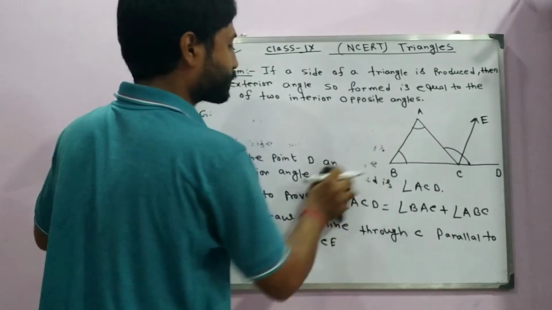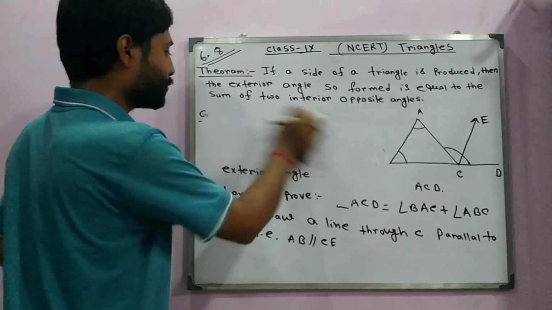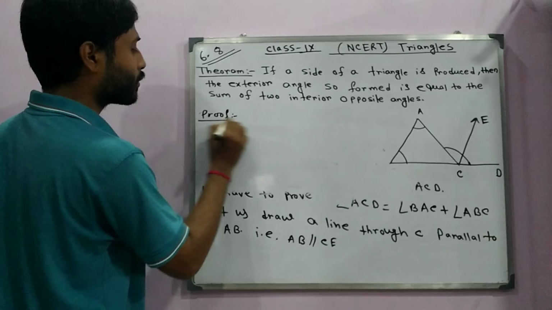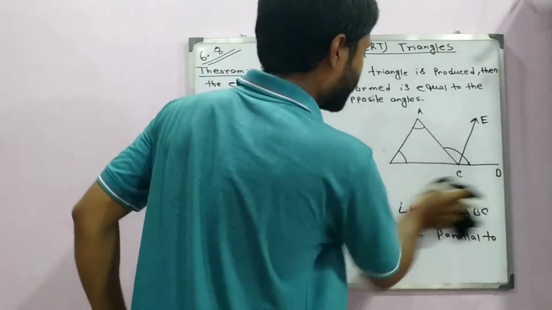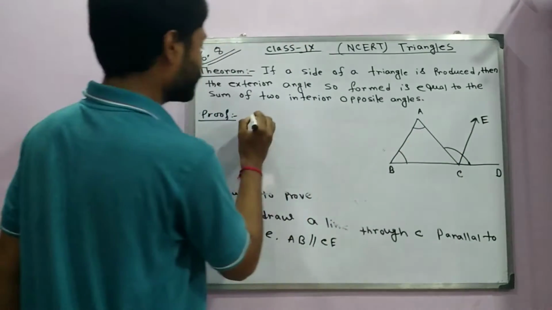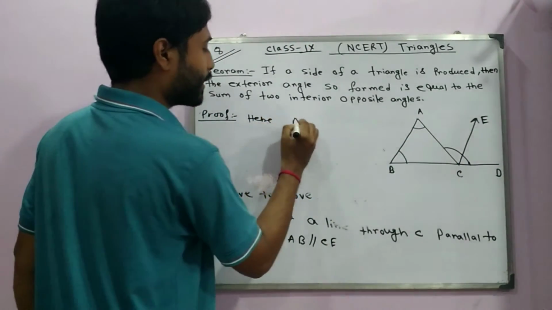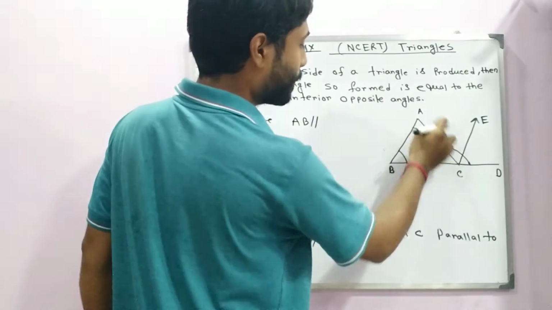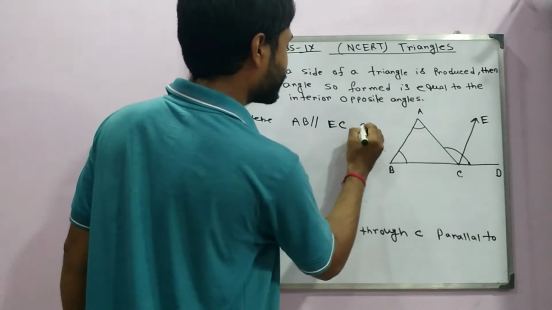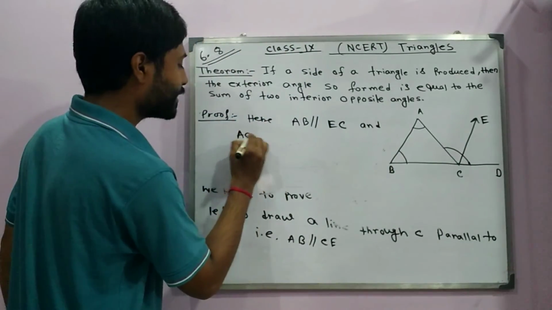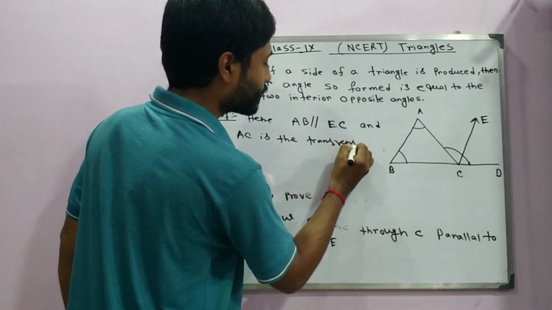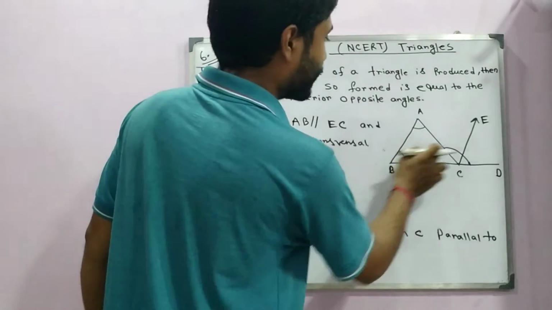Now the proof. Now we proceed to the proof. Here you can see we have already written that AB is parallel to EC. AB parallel to EC, and AC is the transversal.